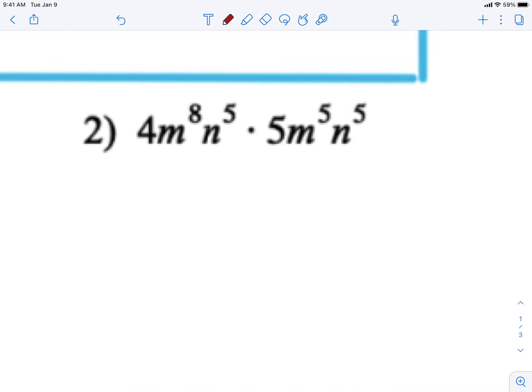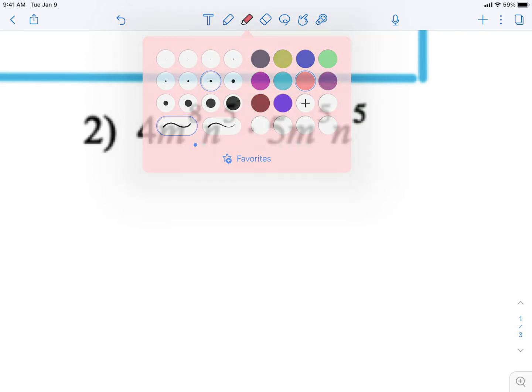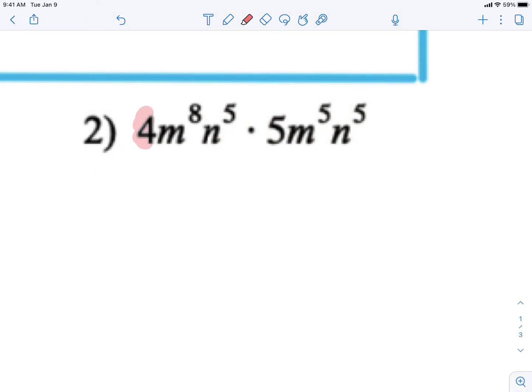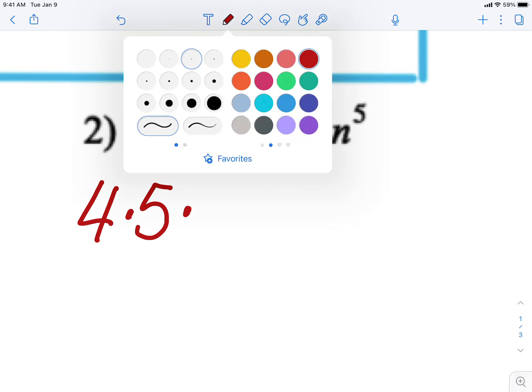So, what do I notice? Let's take a look here. Well, my 4 is a regular number and my 5 is a regular number. So I'm going to write those two together like this: 4 times 5, times, what else do I notice?